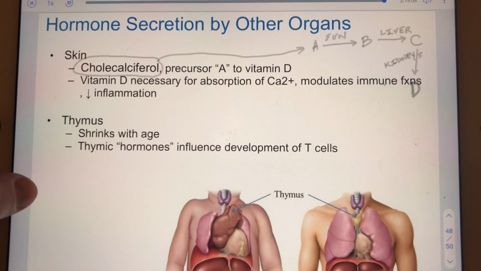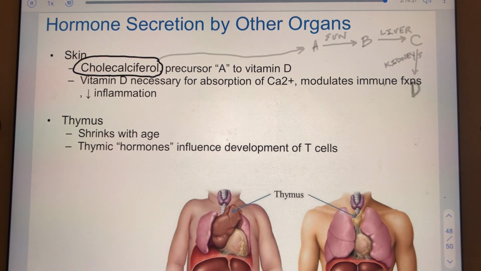The skin makes cholecalciferol. Okay? Personally, I teach at least the gist of the vitamin D synthesis pathway during typically the first week of 241. That's right, 241.